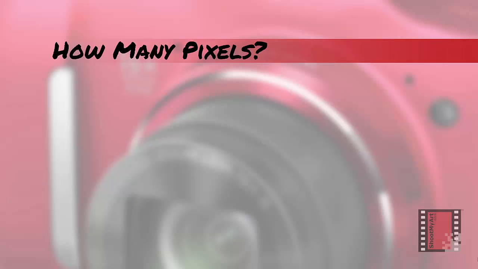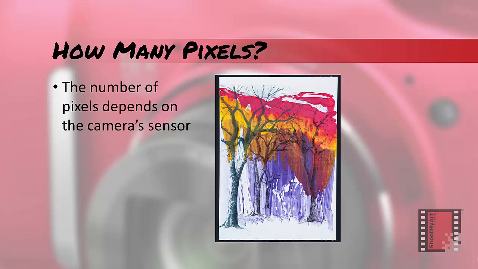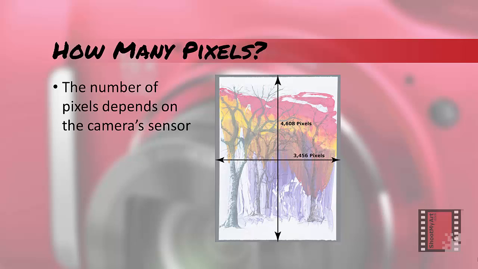Exactly how many pixels are there in an image? That depends on the camera's sensor. In this image, which is straight from the camera, there are 3,456 pixels horizontally and 4,608 pixels vertically. Those are the dimensions of the sensor inside the camera, and it's the maximum image size this camera can capture.